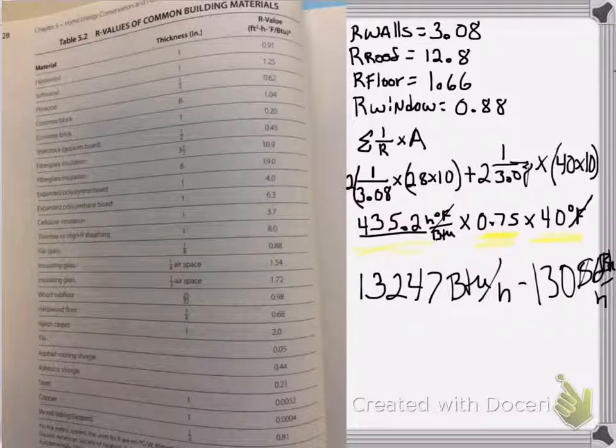And I'll take anything in this range. And that's basically how you would consider calculating heat loss for different numbers. And this gives me my number for BTUs in the case of the walls. So this is my walls only.